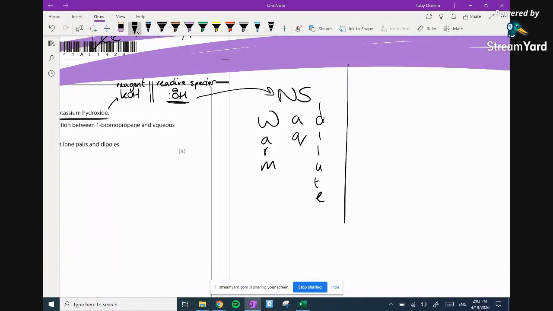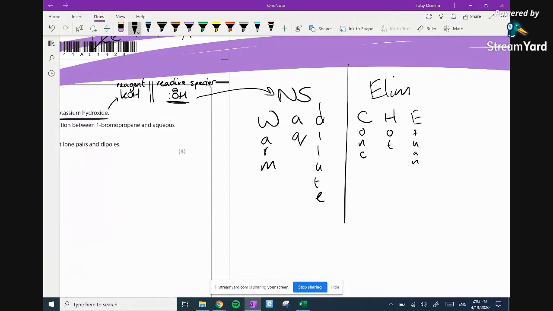But we also have elimination as well, and we learned that one with a mnemonic, CHElimination. I'll do that underneath it. CHElimination is concentrated, hot, ethanolic conditions.